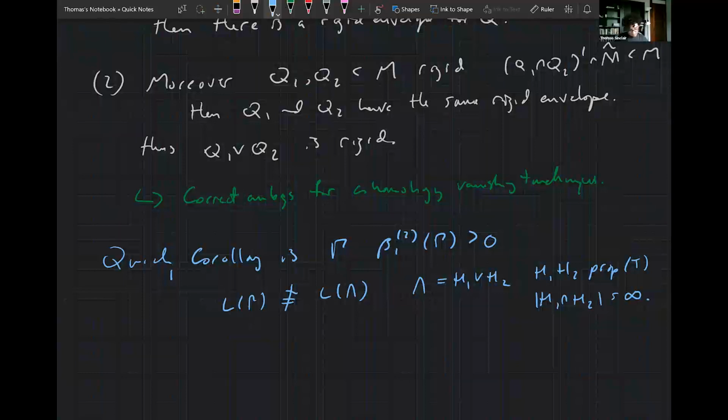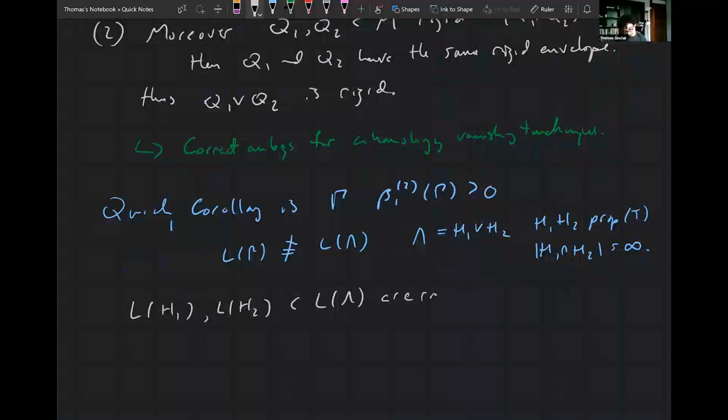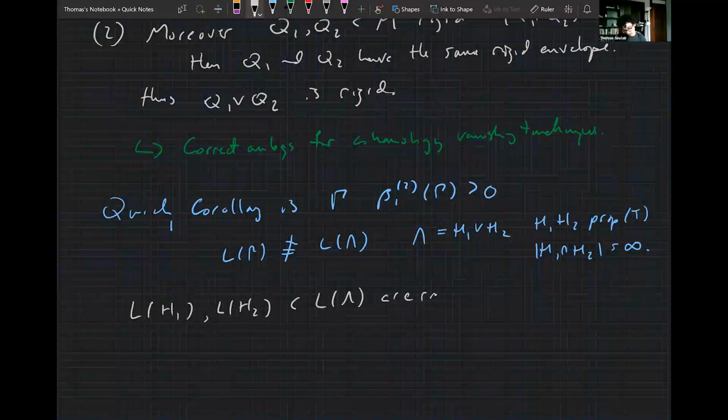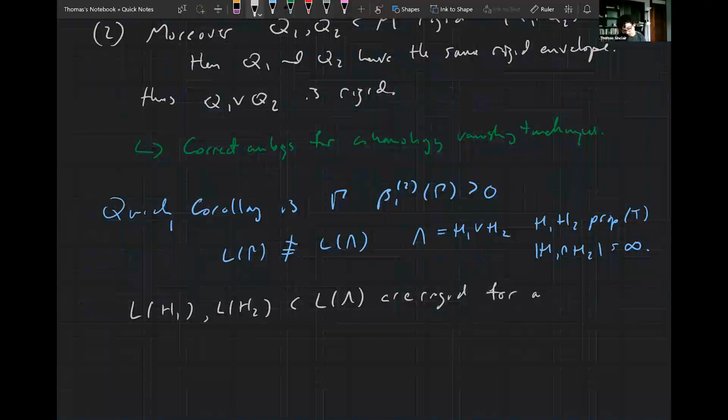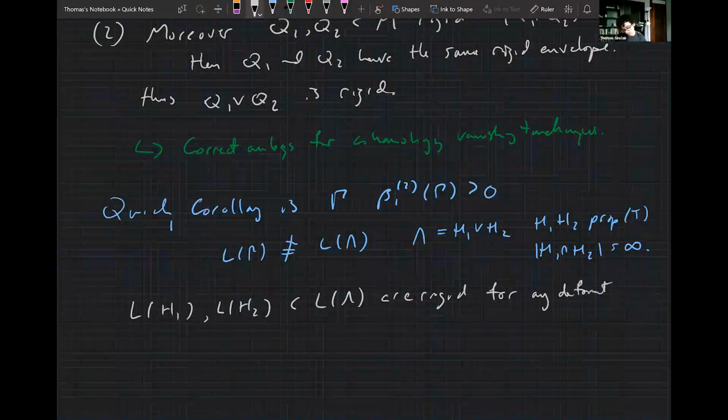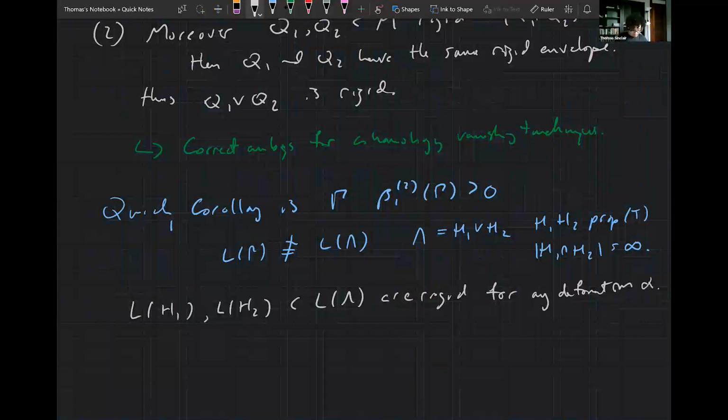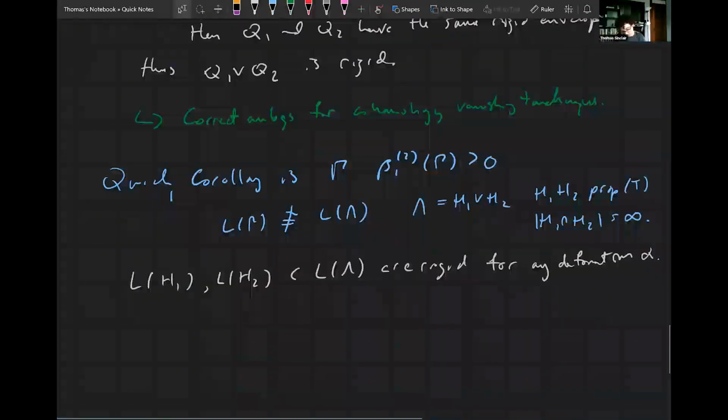So why is that? So here's the argument. So L of H1 and L of H2 inside of L of lambda are rigid for any deformation. That was property T. Okay. Great.